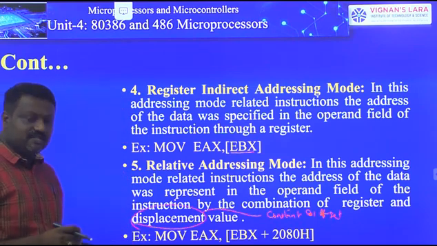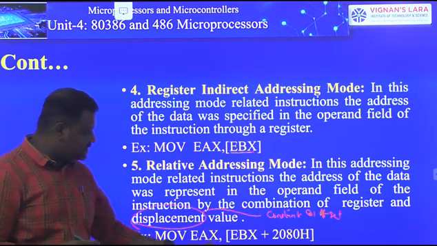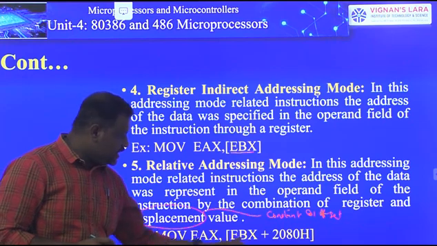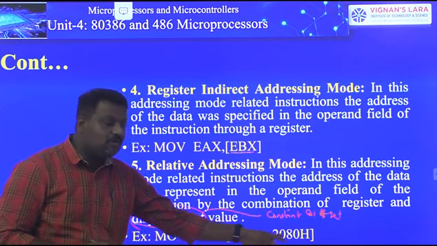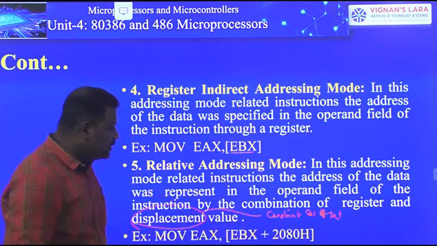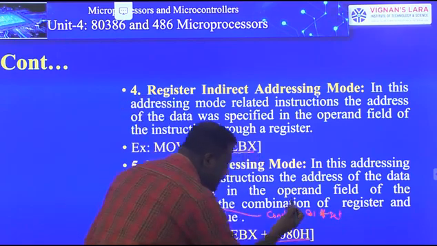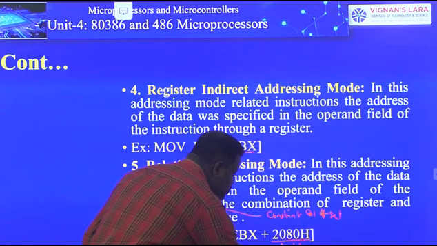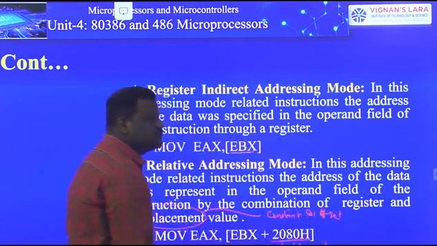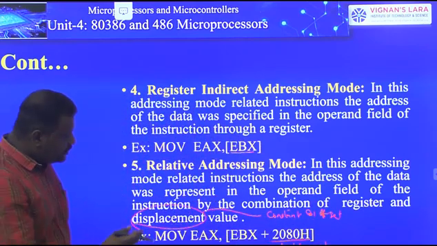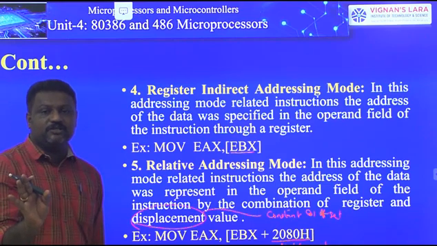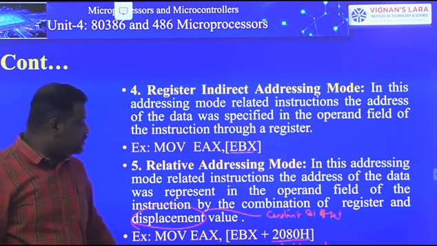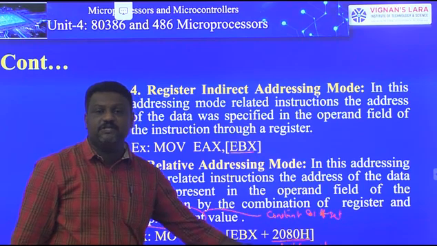So see here friends, my example is MOV EAX, [EBX + 2080H]. Here this 2080H we can call displacement, or constant, or offset. For this particular instruction, the address of the data is not only 2050H.